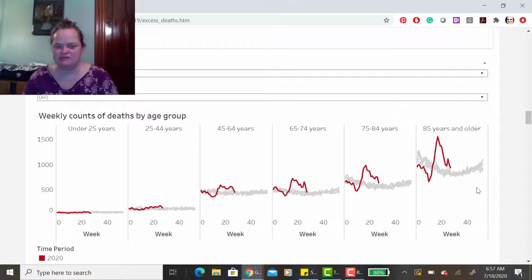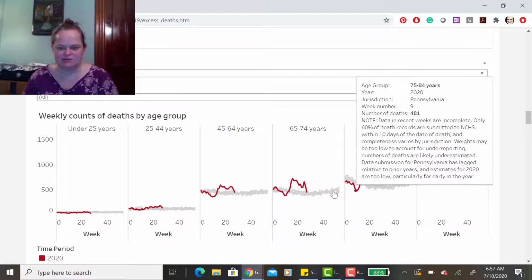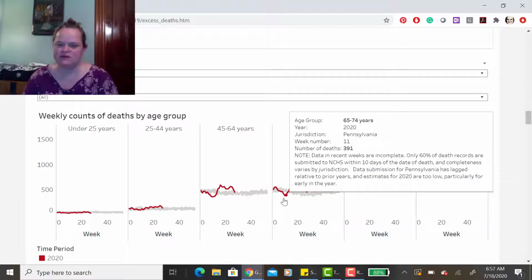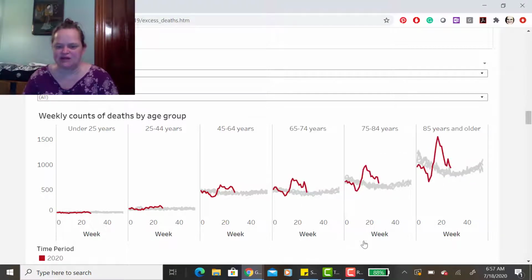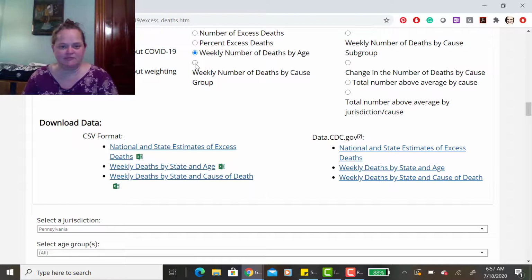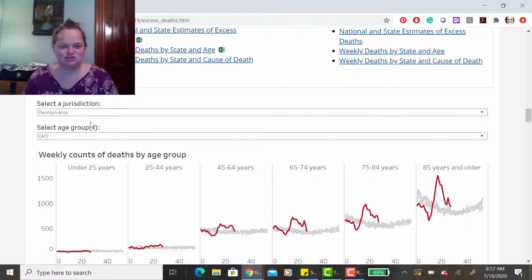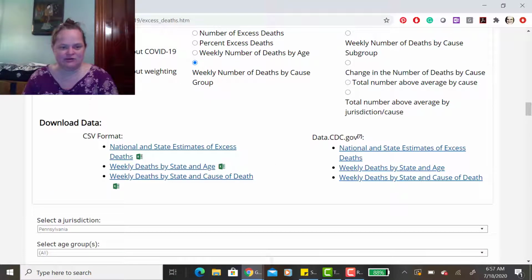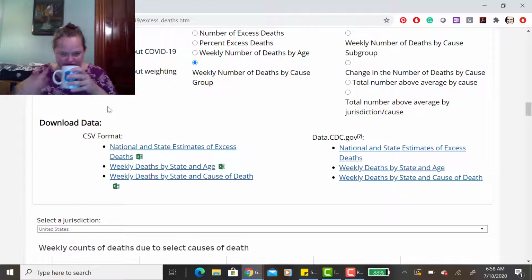There may be deaths that have not been reported yet from Pennsylvania. That dip is very weird looking to me because it's outside the bounds of what we saw in prior years. So something for you to play with. Now we're getting into by cause, and I think it will reset to the United States. Yes, it does.